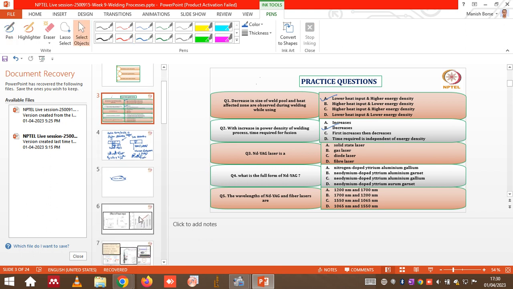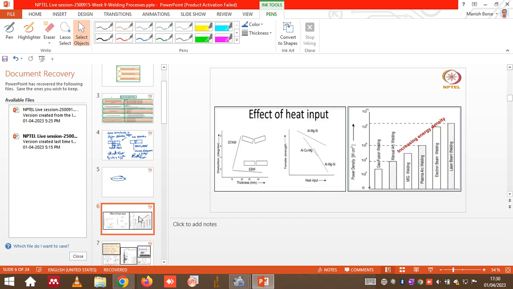And I just want to add some more to what I explained just now: if the thickness of the material is higher, then the distortion problem is more severe. Okay. And even at higher weld thickness during laser beam and electron beam welding processes, the distortion problem won't be that severe.